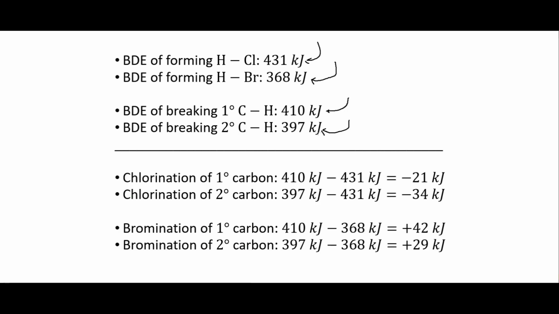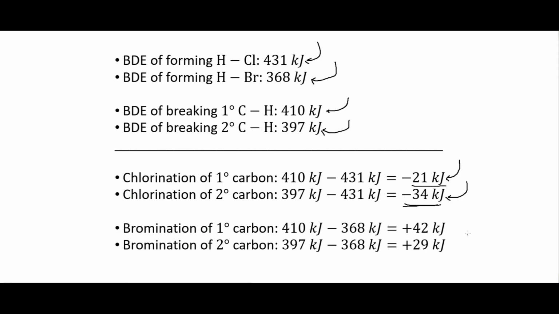And so if we just calculate these out, so we're looking at the chlorination of the primary carbon and the chlorination of the secondary carbon, we see that the secondary carbon is more negative than the primary, so negative 34 as opposed to negative 21 kilojoules per mole. And so this is going to be more stable or thermodynamically favored.